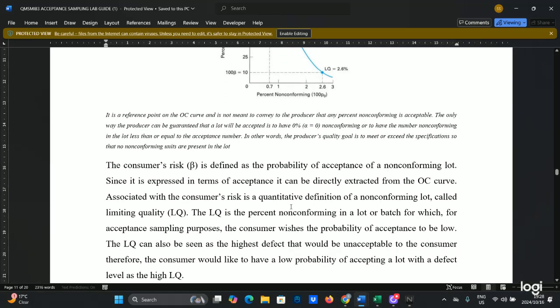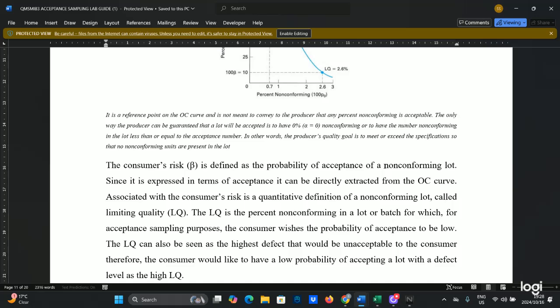Now the consumer's risk is the probability of acceptance for a non-conforming lot. The producer's risk is associated with the supplier. The supplier might be producing a good lot, but the consumers receiving the sample might find more defectives while the entire lot is good.